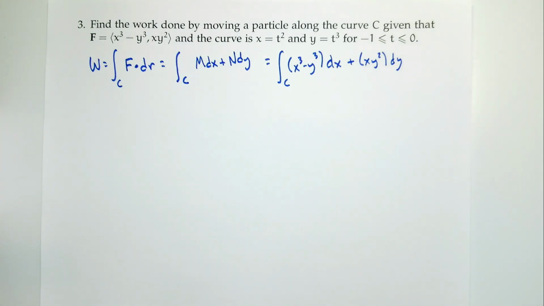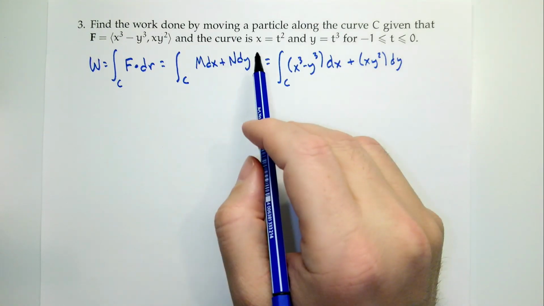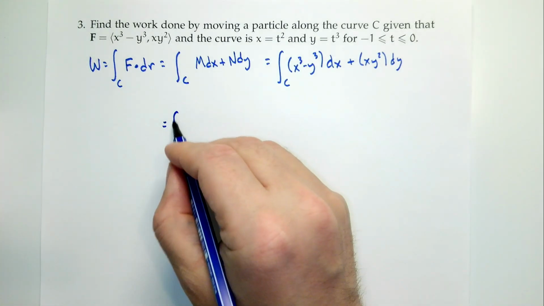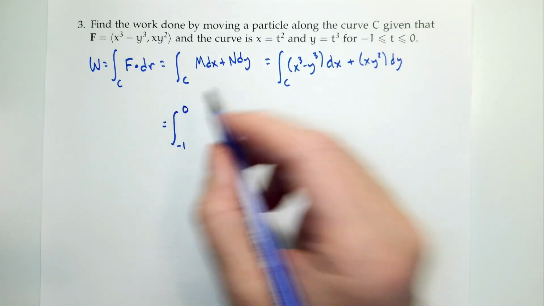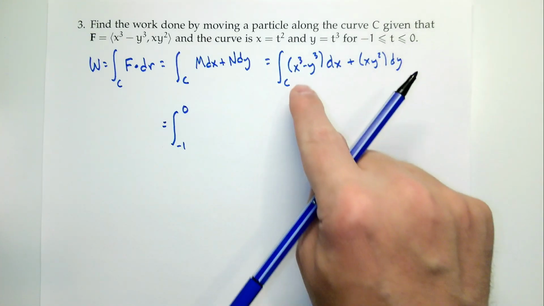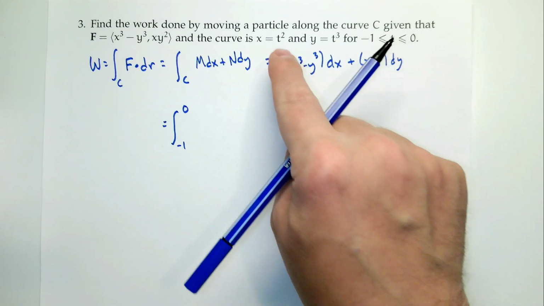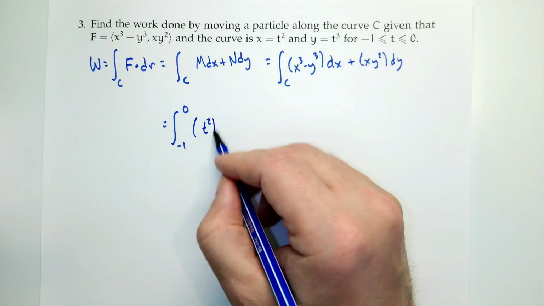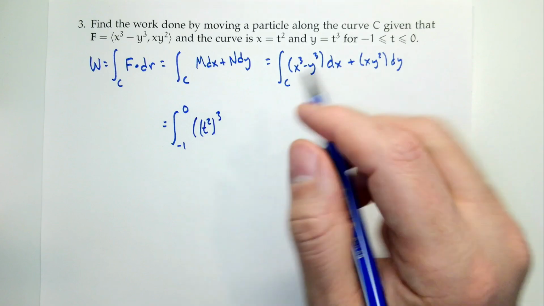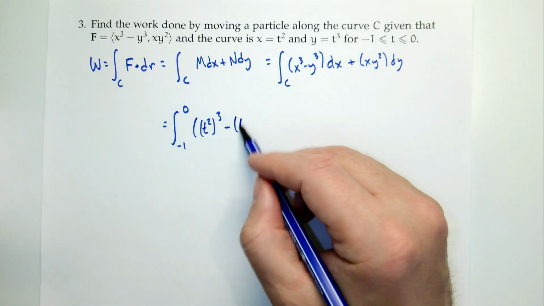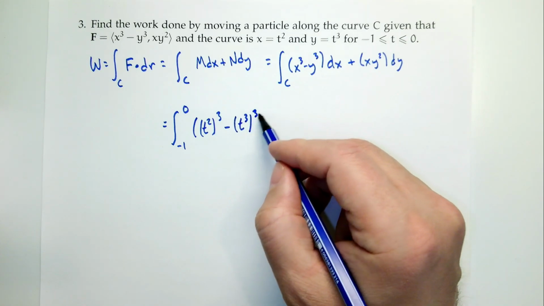So how do we do it then? Well, the answer is we're going to write everything in terms of t. So this is going to become the integral from -1 to 0, because our bounds are from -1 to 0. Everywhere we see an x, we put a t squared. So t squared cubed. Everywhere we see a y, we put t cubed. So minus t cubed cubed.